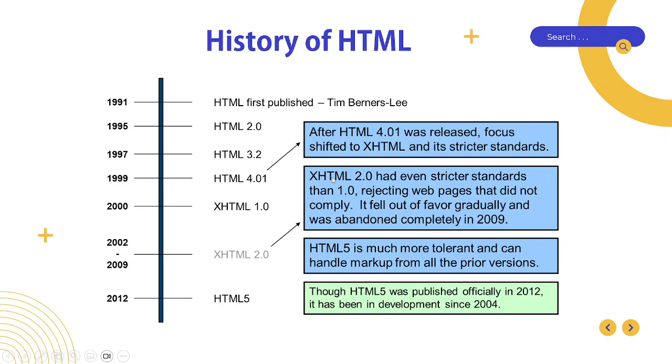XHTML 2.0 had stricter standards than 1.0, rejecting web pages that did not comply, and it fell out of favor gradually and was abandoned completely in 2009.